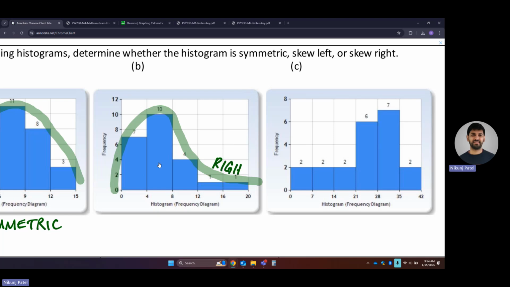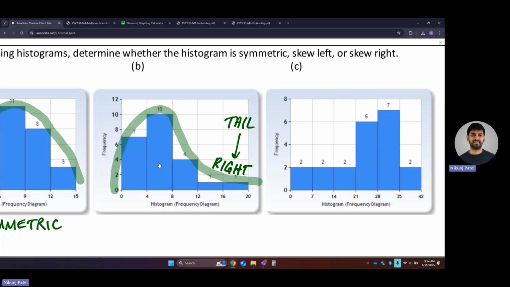You want to look at where the tail is. Our eyes naturally go to the tallest rectangle or the tallest part of the graph, but that's misleading for the name of this type of skew. When it's skewed, the tallest part of the graph will be pushed to one of the sides. You want to look at where the tail is. That's going to tell you whether it's skew left or skew right.